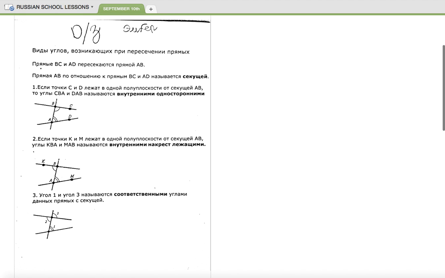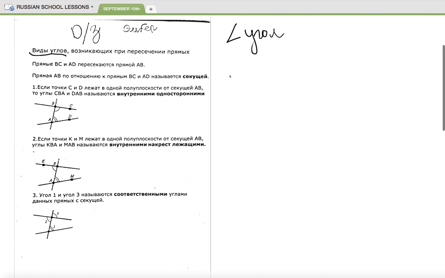So, итак, первое SS. Виды углов. Угол это angle. Угол. So, виды углов, kinds of angles, возникающих при пересечении прямых.